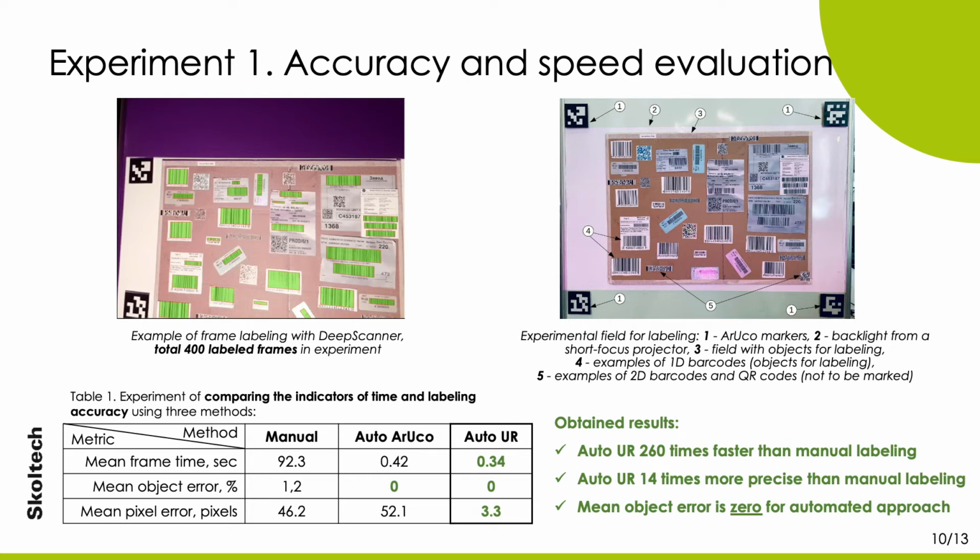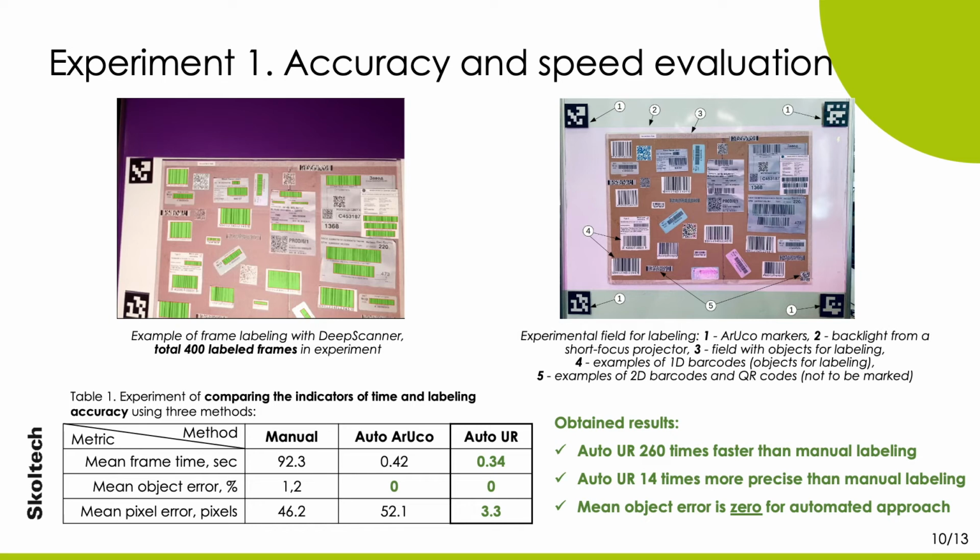The idea of the first experiment consists in comparing the indicator of time and labeling accuracy for three methods: manual, automated labeling based on the position of Aruco, and automated labeling based on DeepScanner technology. As a result, for manual labeling, the average for all participants of the experiment was 92.3 seconds.